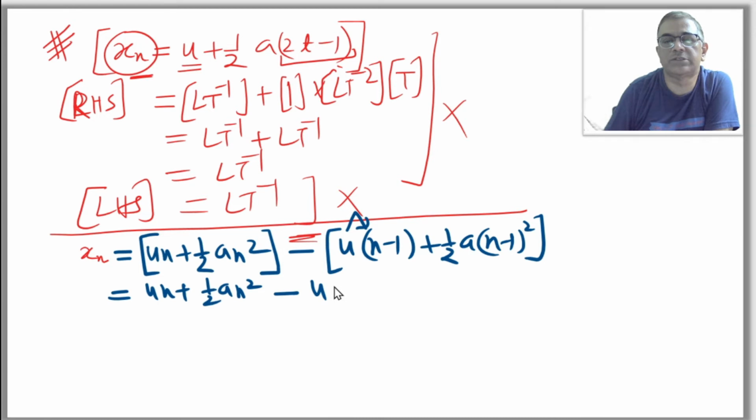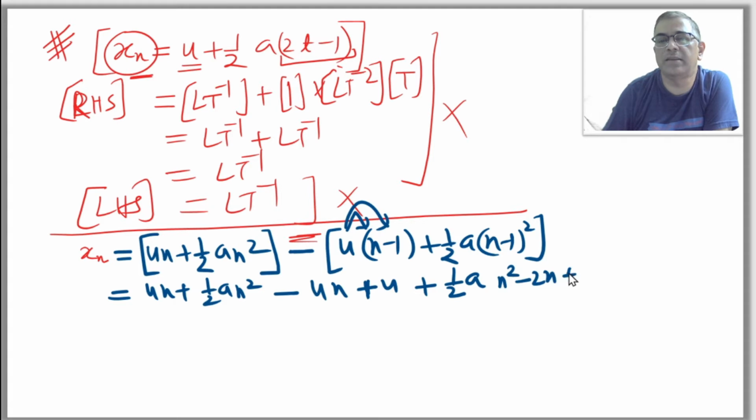This is u into n, multiply these two. This is equal to minus u once, but the minus is outside, so this should be plus. Then next, this is half a times (n square minus 2n plus 1). I have opened up this square bracket, so this should be a minus sign. Is that right?